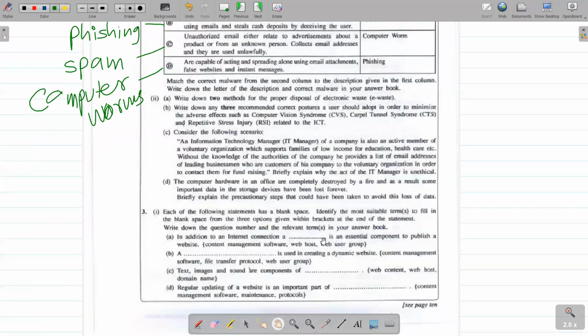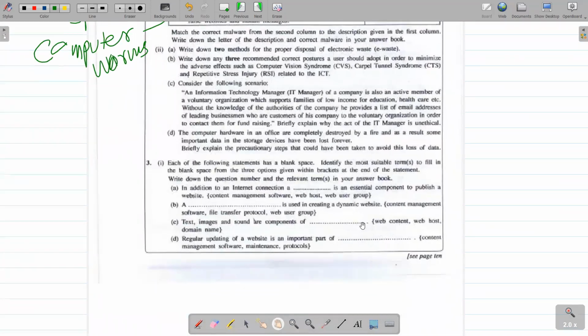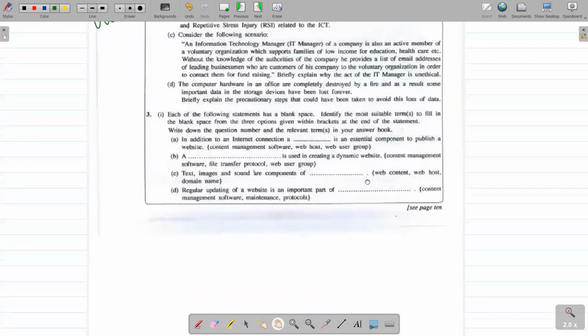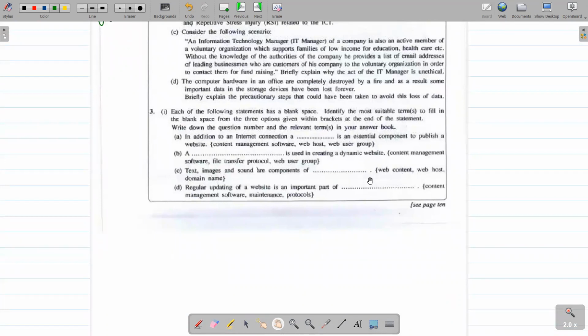It says an information technology manager of a company is also an active member of a voluntary organization which supports families of low income for education, healthcare, etc. Without the knowledge of the authorities of the company, he provides a list of email addresses of leading businessmen who are customers of his company to the voluntary organization in order to contact them for fundraising. Briefly explain why the act of the IT manager is unethical.